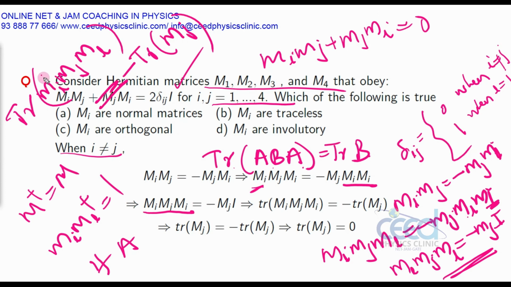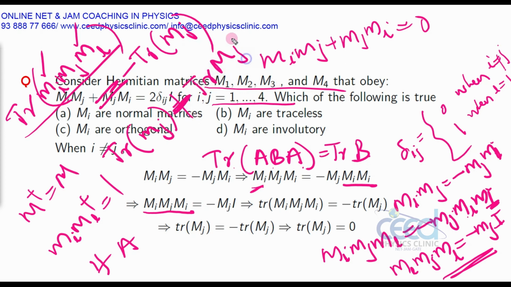Here in the question it is given that Mi is Hermitian. So I can write this part as trace of Mj, that is equal to minus trace of Mj. Taking it to this side, 2 trace of Mj is equal to 0.